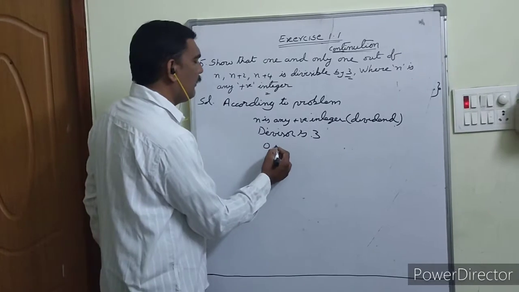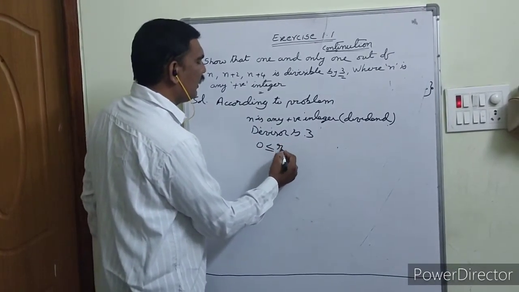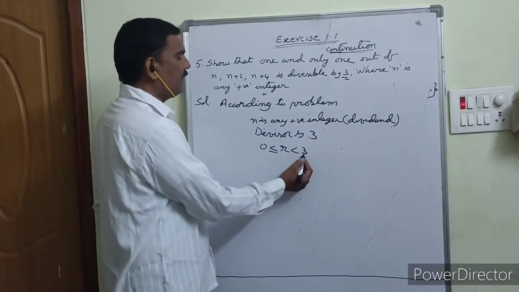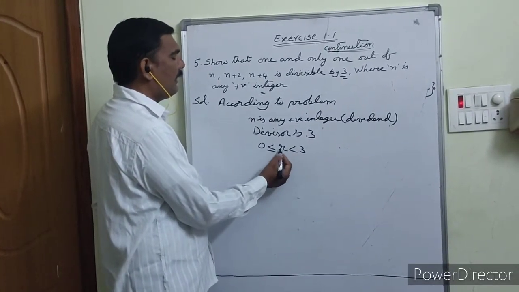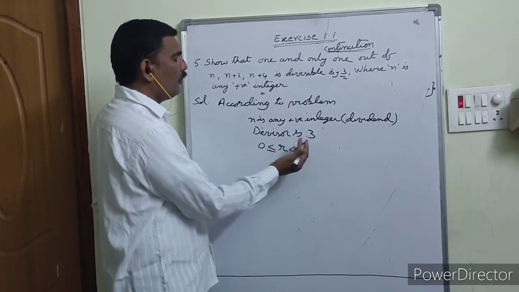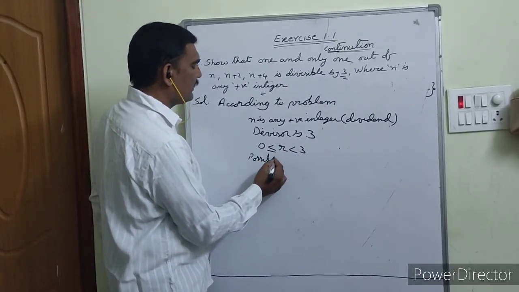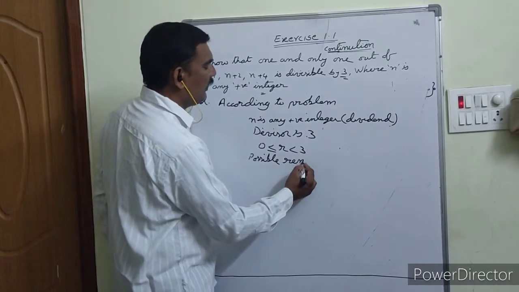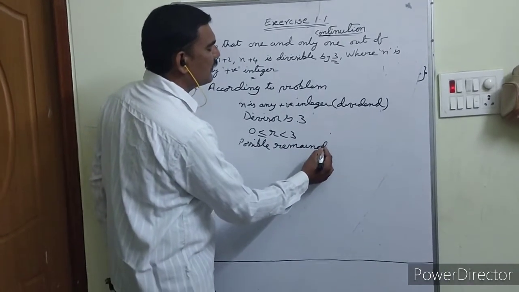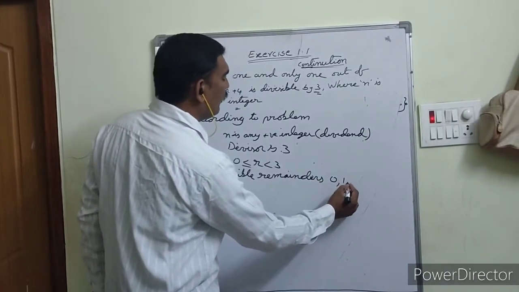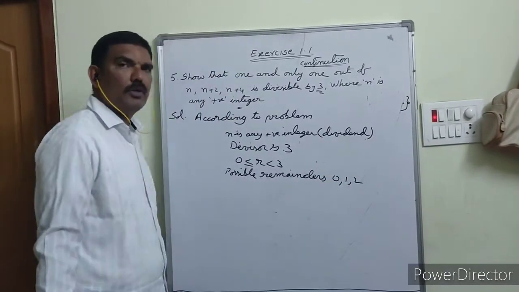Euclid's division lemma says that 0 is less than or equal to r, less than b. B means here the divisor. So you can take remainders from 0 to less than 3. What are the possible remainders? 0, 1, 2.